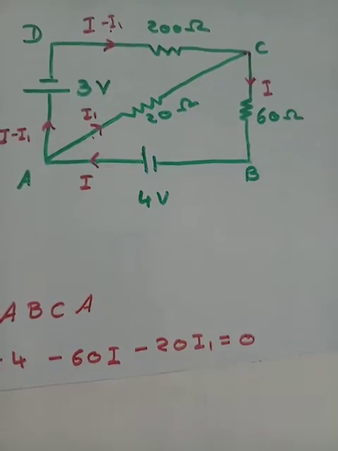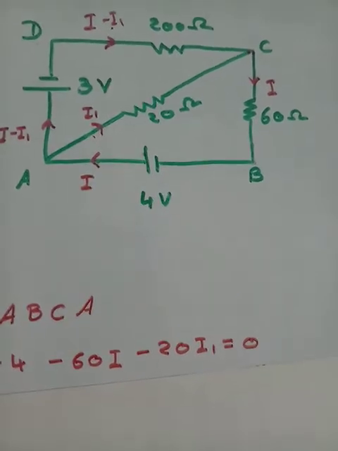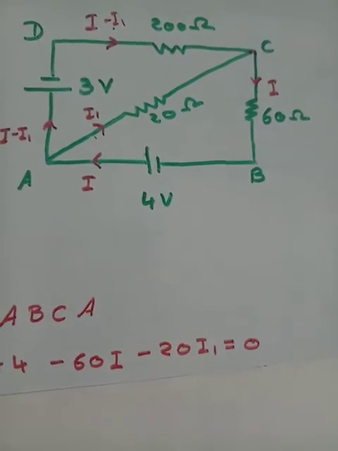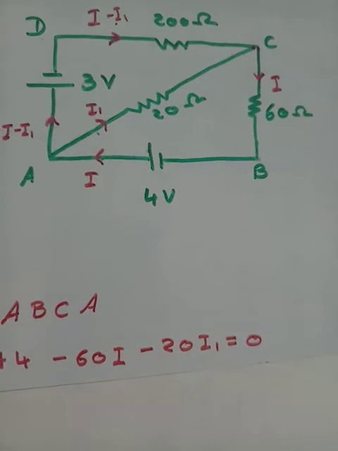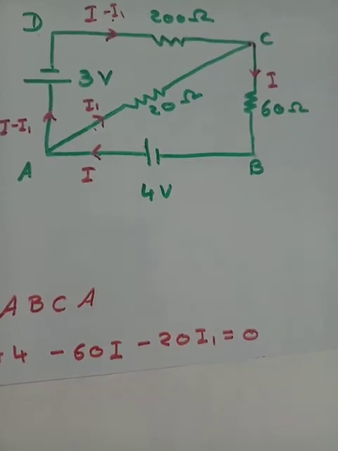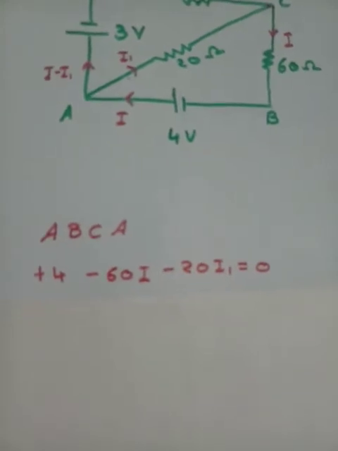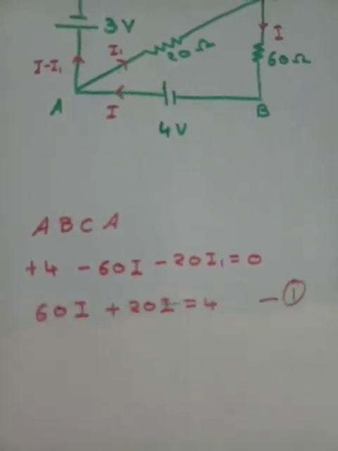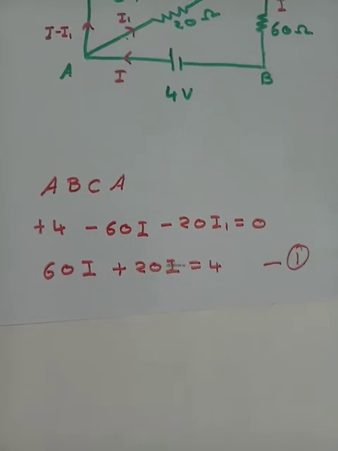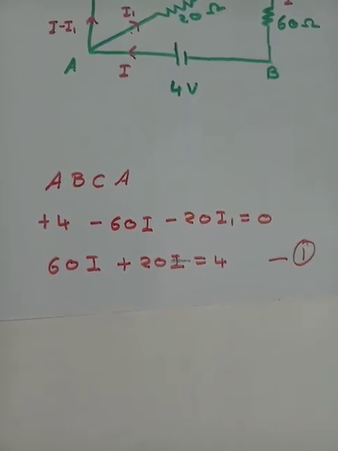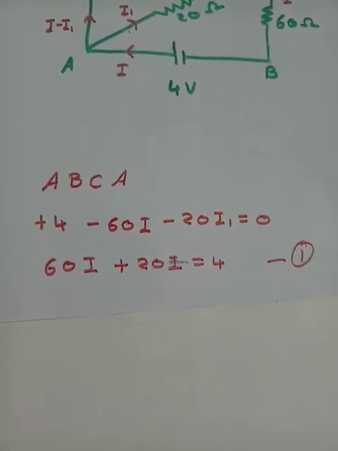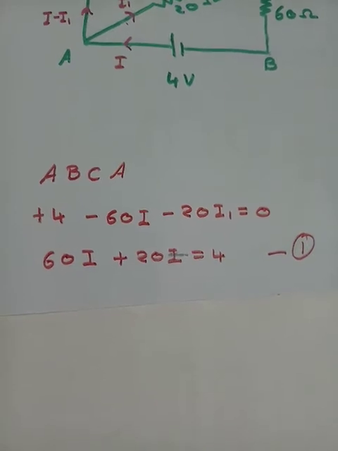And again going through CA, I am moving opposite to the direction of current, so I will take it as minus 20I1, which will be equal to 0. Rearranging these terms, what I get is 60I plus 20I1 is equal to 4. This is my first equation.